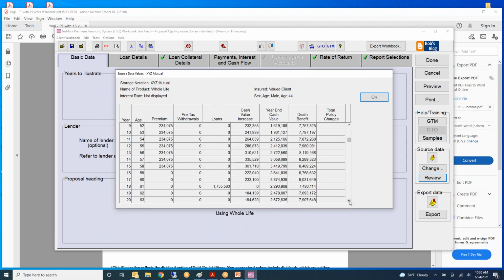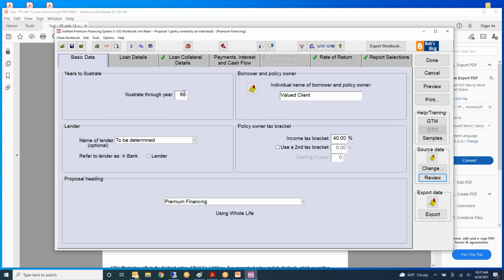And he's 44, and for this example, I want to run this until age 100, and that means it's 57 years. I don't want to go beyond age 100. So instead of 60 years, I do 57, okay? And the name of the borrower is Jim Reed, okay?